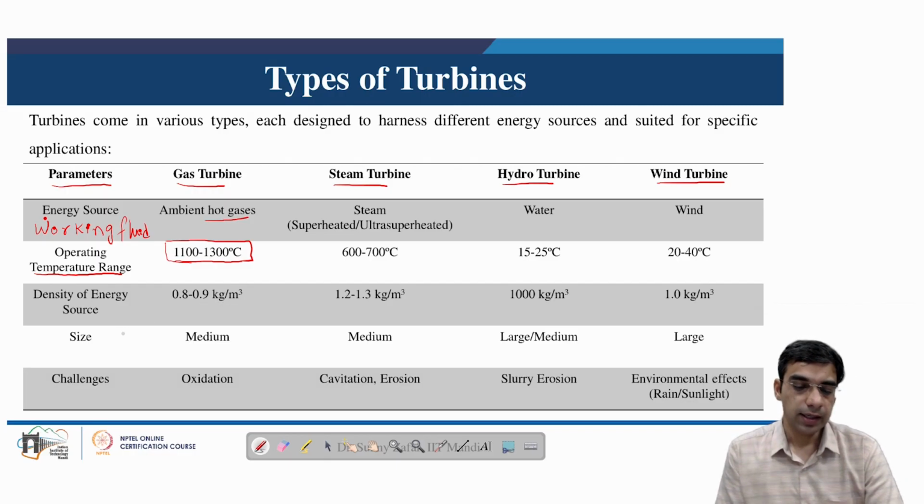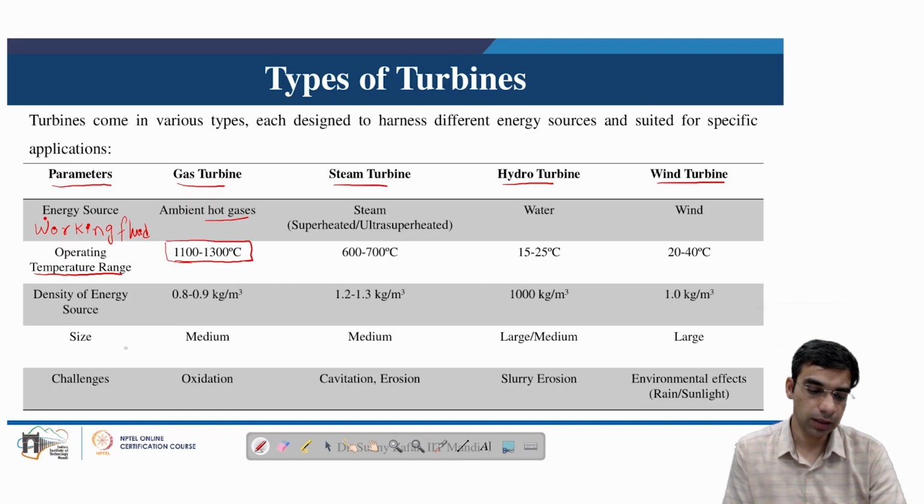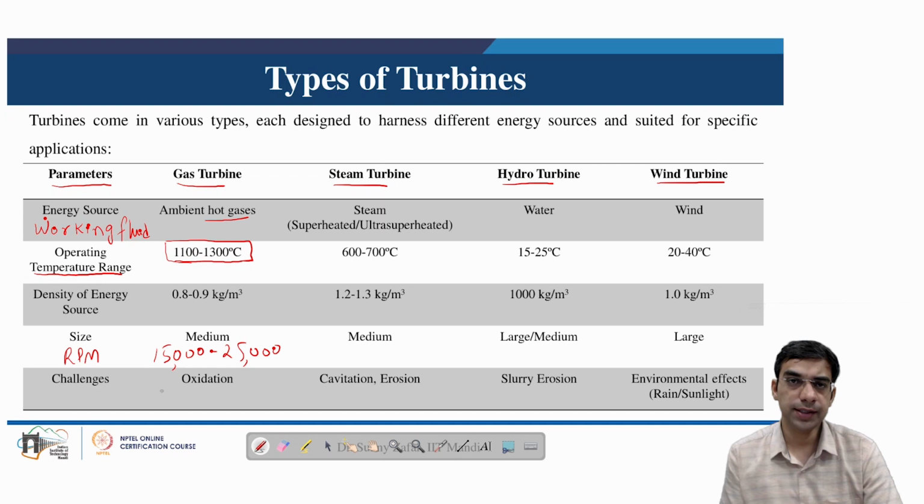And gas turbines are generally of relatively medium size but high energy density, because they spin at very high RPMs, of the order of 15,000 to 25,000. So their energy density, like energy produced per unit weight of the gas turbine, is very high.